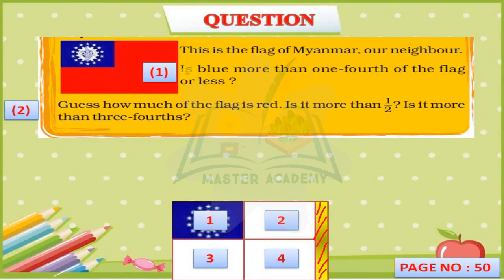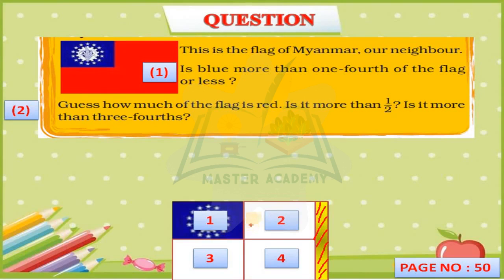Question number 1, is blue more than 1/4 of the flag or less? 1/4 से ज्यादा है या छोटा है बेटा? Exactly 1/4 है? नहीं, हम ये less than 1/4 से भी कम कलर का है.